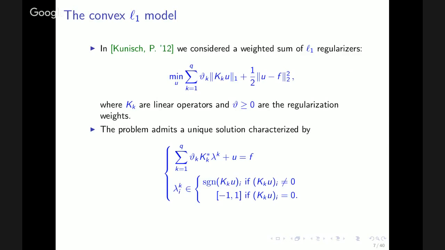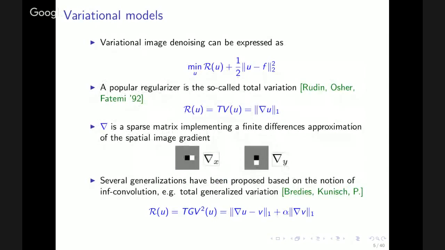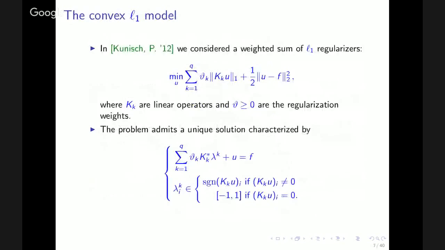And the first simple idea was, okay, don't only take one L1 norm like in the TV, take a sum of L1 norms for a variety of different linear operators. So one linear operator could be the gradient, but it could also be second order derivatives, it could be a DCT transform, whatever you would like to have. So we were thinking of this model, which has a sum from 1 to q of L1 terms of given linear operators.